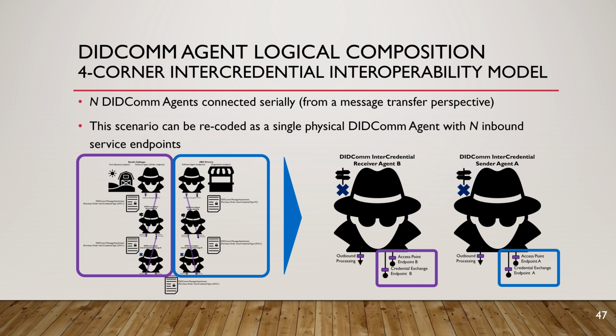So here is what lies behind the DIDComm agent logical composition model. Suppose you have n DIDComm agents connected serially. And when I mean serially, from a message transfer perspective. So if we look on the right-hand side in the blue box, we have on the ABC Grocery sender side, 3 agents in a row.